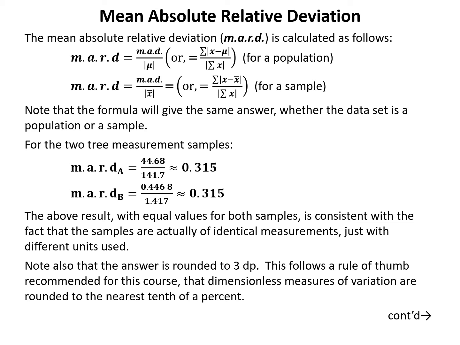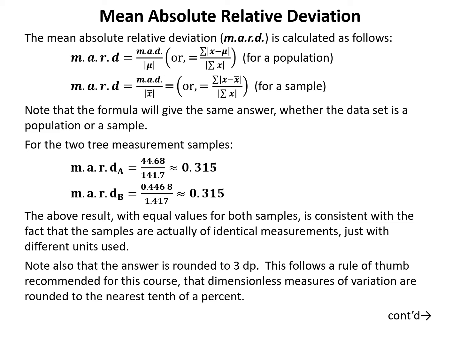And so the alternative method shown in the brackets here is simply a way of showing how you can mathematically calculate this without first calculating the MAD.